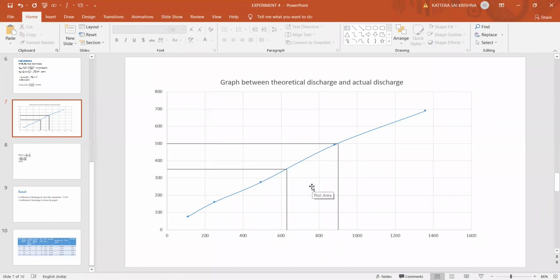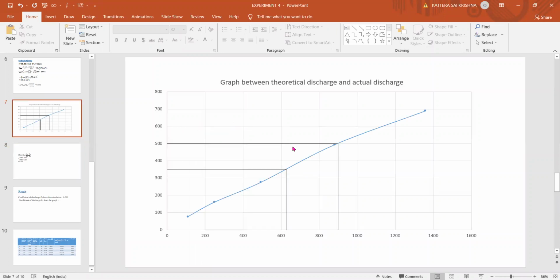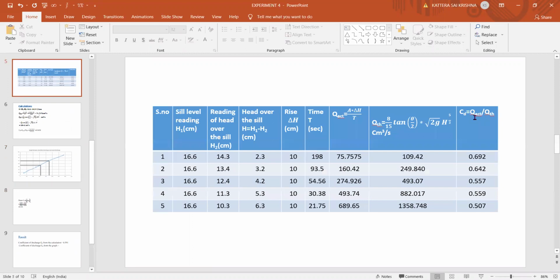The formula here is like this: CD is y2 minus y1 by x2 minus x1. Why are we taking Q actual as the y values? Because the slope formula we know already is y2 minus y1 by x2 minus x1. These y2 and y1 are Q actual values, and x2 and x1 are Q theoretical values.